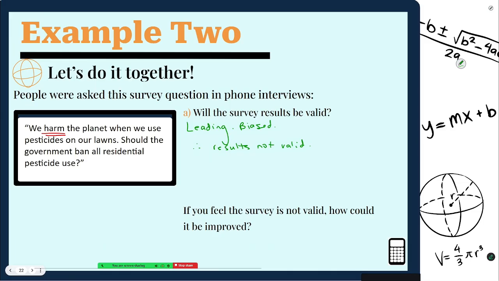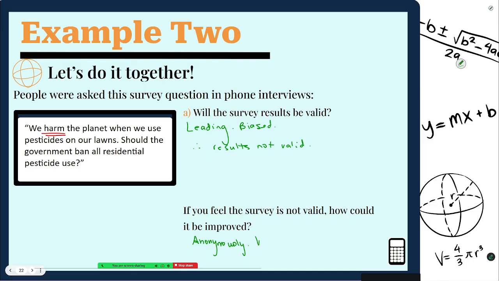So then the second part of the question is, if you feel the survey is not valid, how could it be improved? Well, for starters, you can conduct this anonymously. This could be a written survey, not over the phone where they're going to hear my voice.